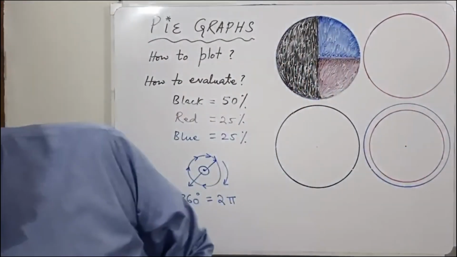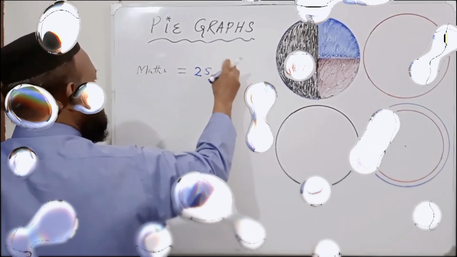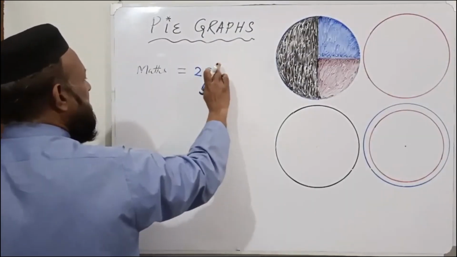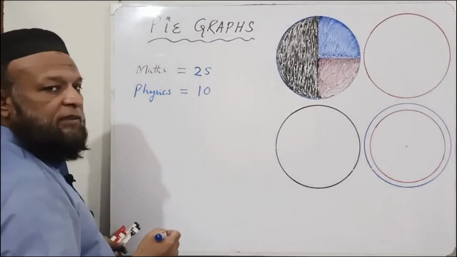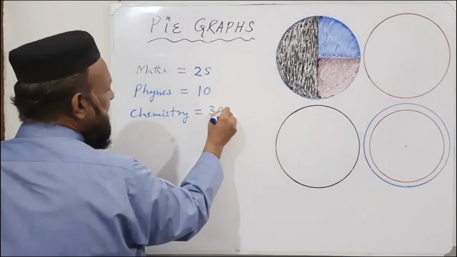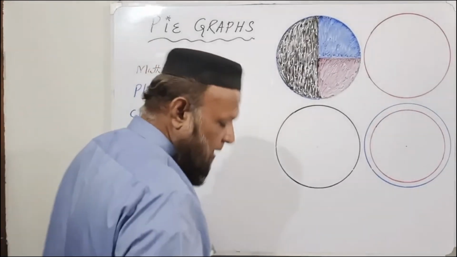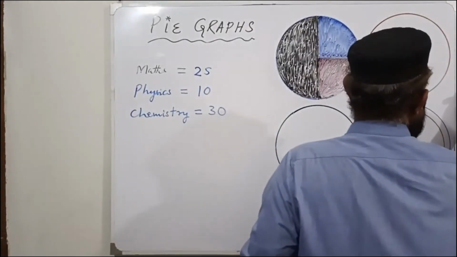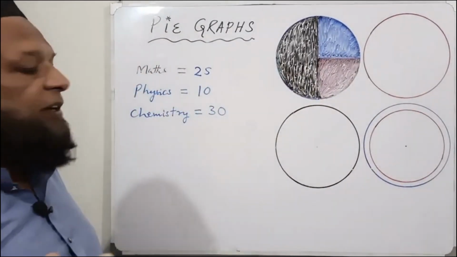So let's start plotting a new graph. 25 students of the class like maths. 10% of the class likes physics. 30 students of the class like chemistry. There is a condition that each and every student should select only one subject.